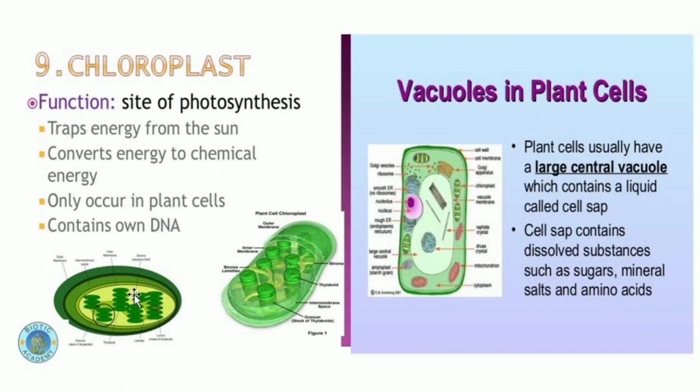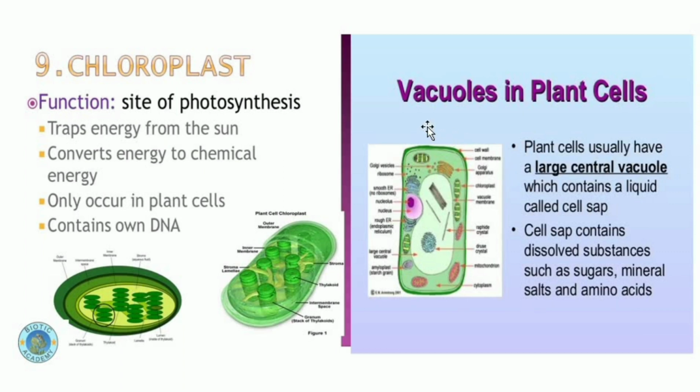One interesting fact is that the chloroplast contains its own DNA. Biologists discovered that these organelles are independent in a way: chloroplast and mitochondria are the two organelles that contain their own DNA.